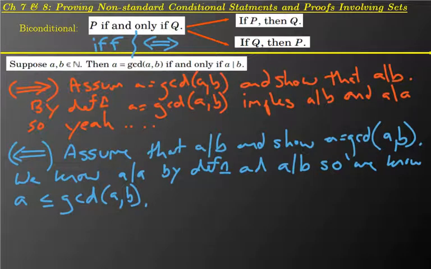It might not be the greatest common divisor, but everything divides itself, so that's the silly little A divides A I'm talking about, and we were given A divides B. So we know it's at least less than or equal to the GCD.